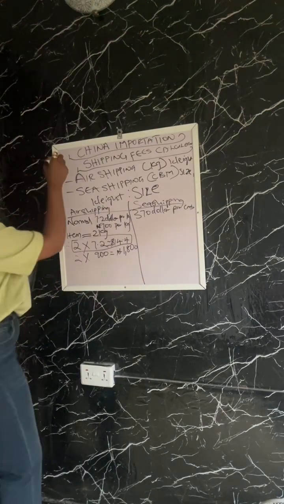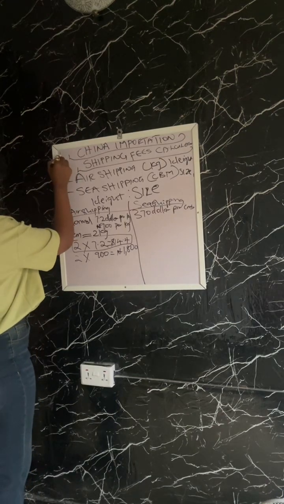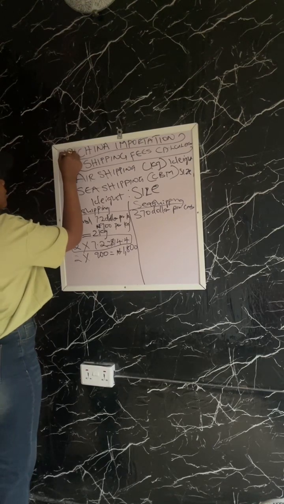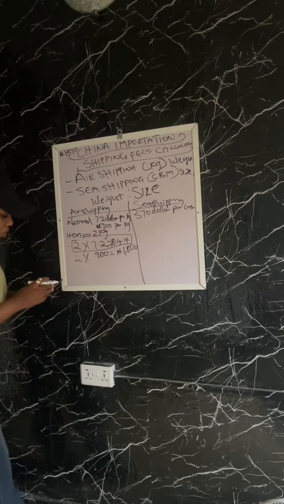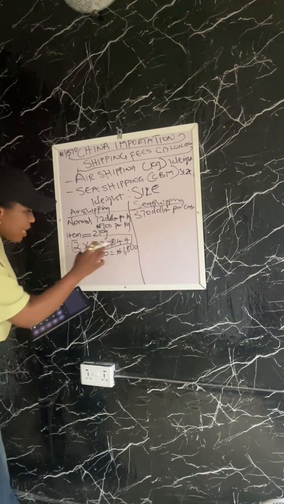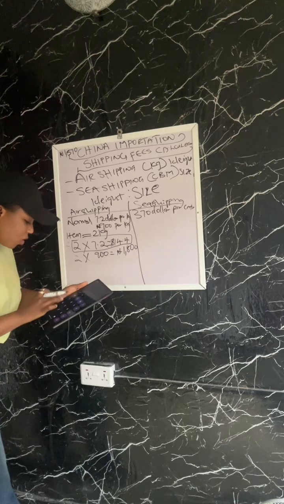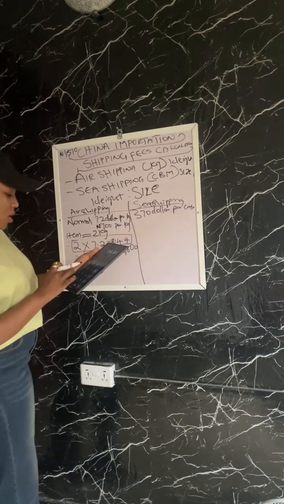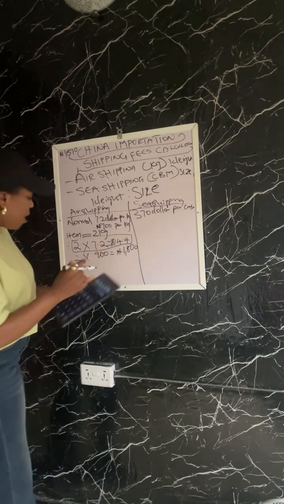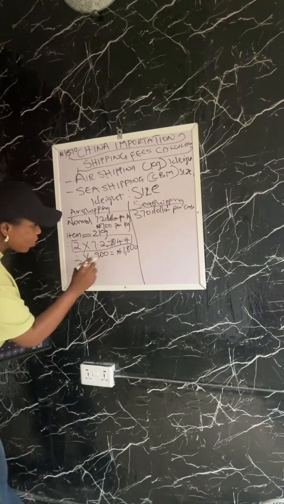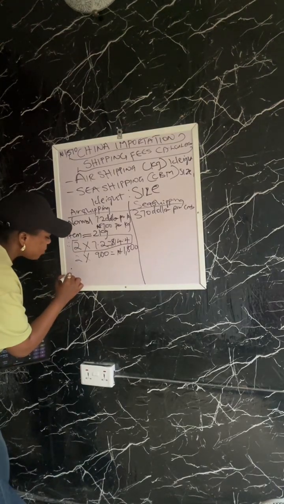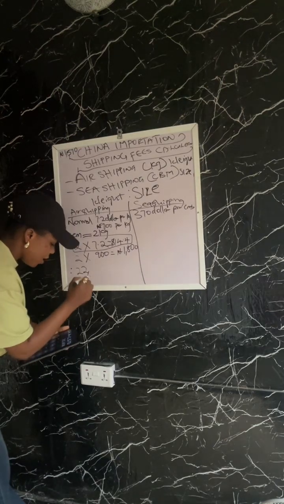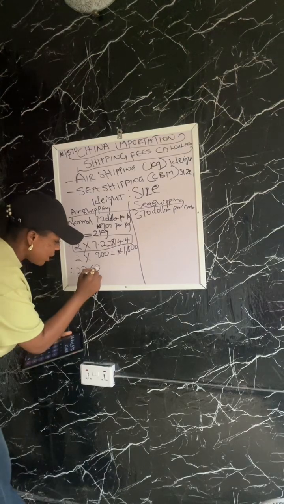So let's just assume today's rate is 1,570 naira. Let's convert this $14.4 to naira. This $14.4 gives us 22,608.